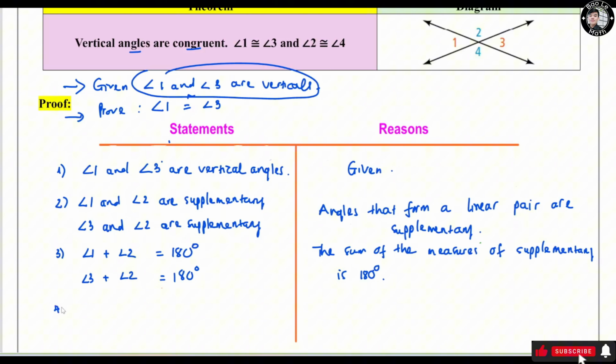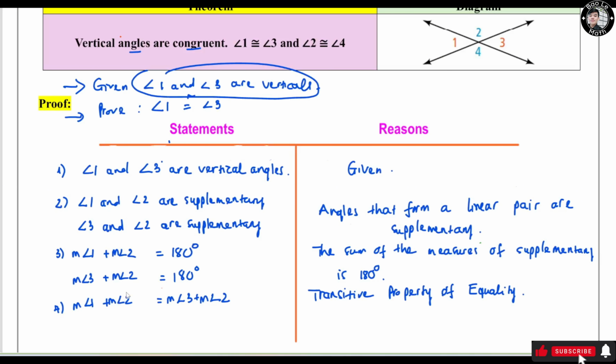Now, from step number 3, we can conclude that angle 1 plus angle 2 equals angle 3 plus angle 2, and this is the transitive property, because they both equal 180 degrees. Now, both sides have the same angle 2, so we can subtract the measure of angle 2 from both sides.